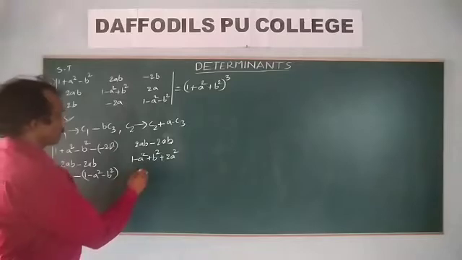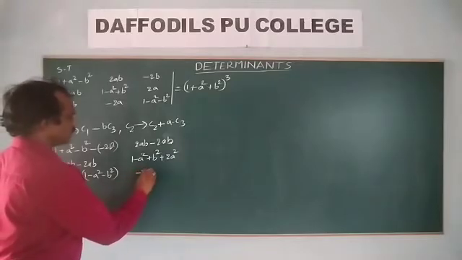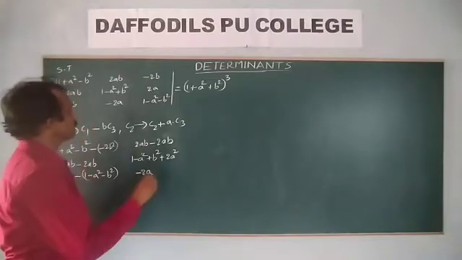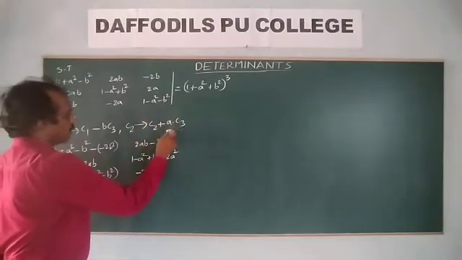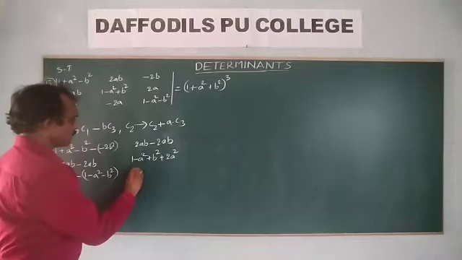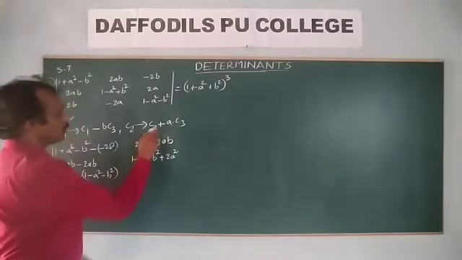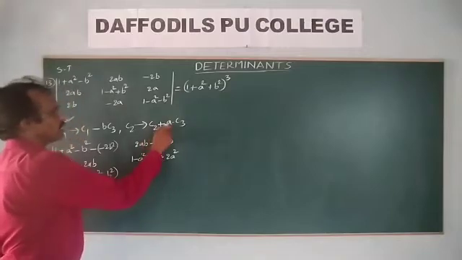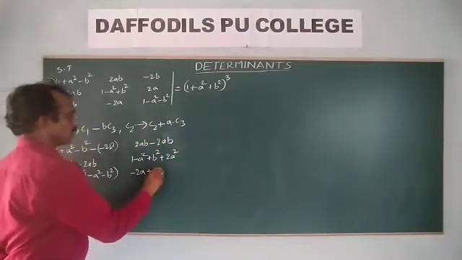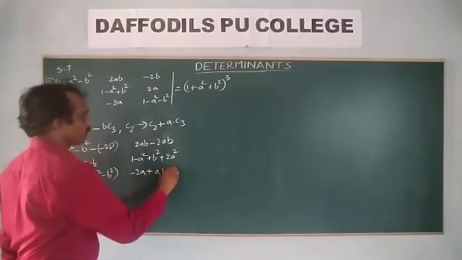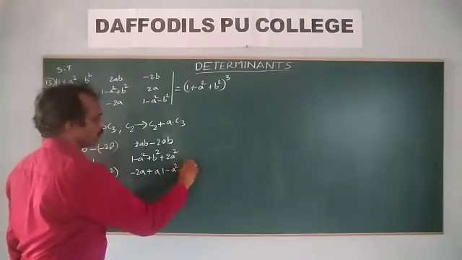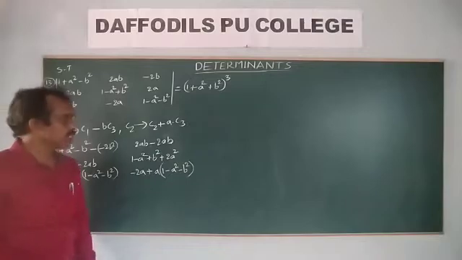Next term, minus 2a is there, so minus 2a plus a into the C3 element 1 minus a square minus b square.